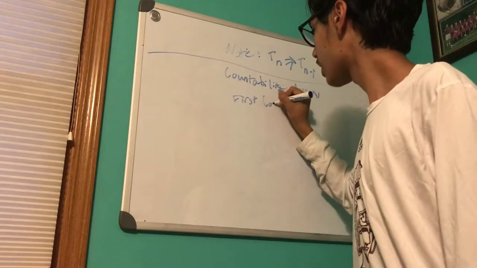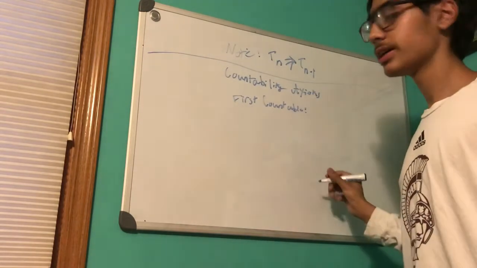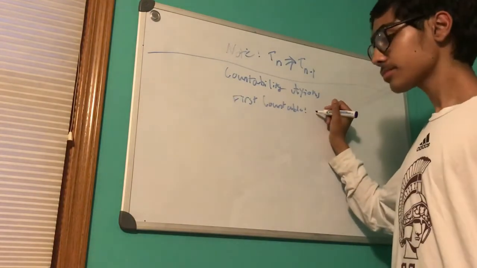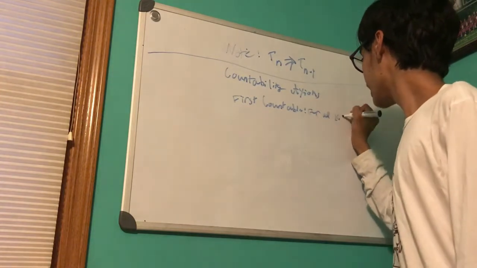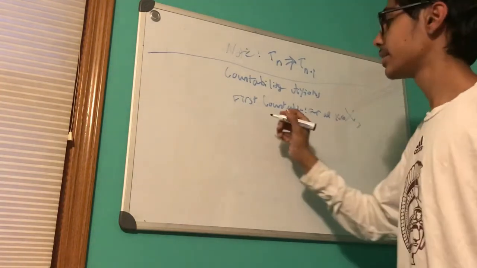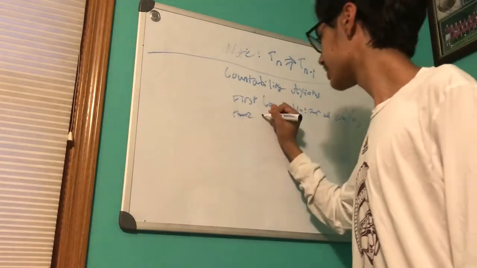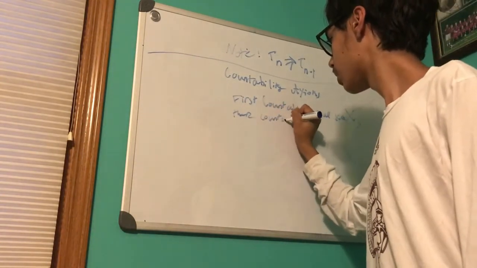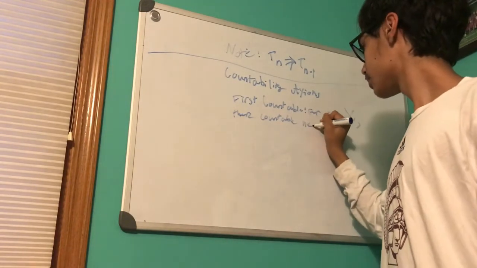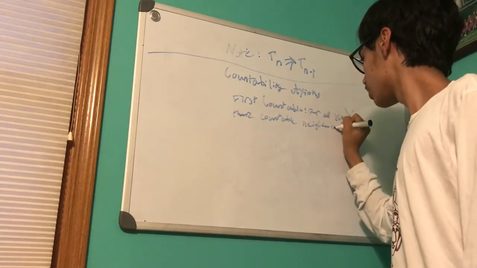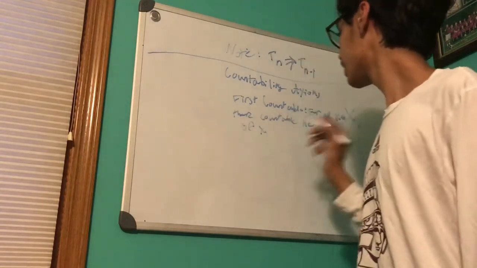A first countable space is essentially a space so that for all X within the topological space X, there are countable neighborhoods of X.